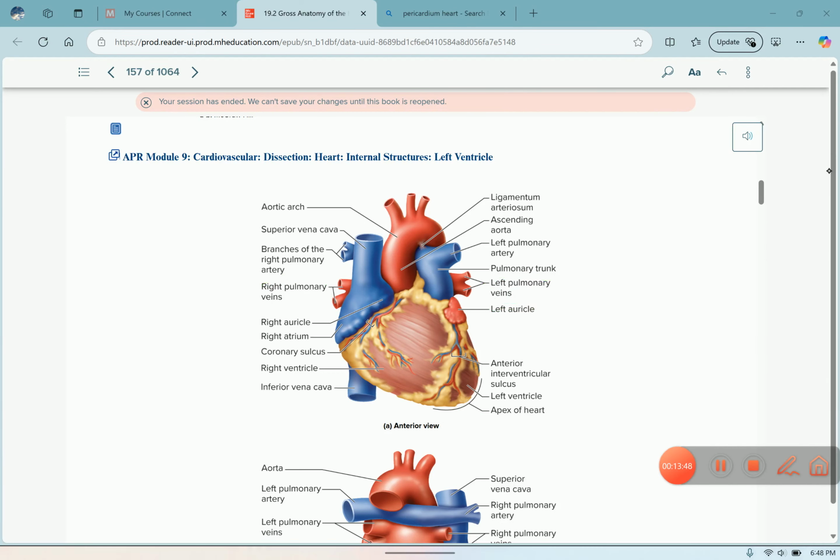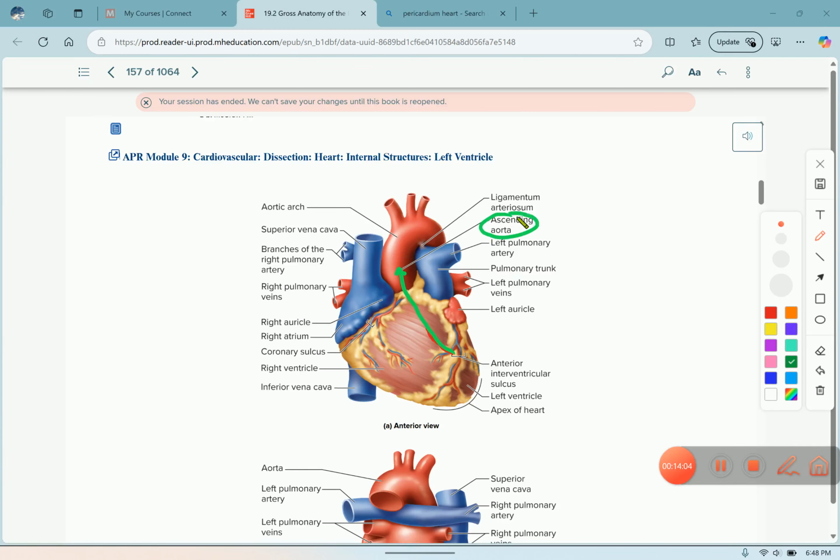Okay, so continuing with the tubes. All right, in order for blood to get pumped to the body, the blood is going to come up into the aorta. So this first part of the aorta is called the ascending aorta because it's going up.